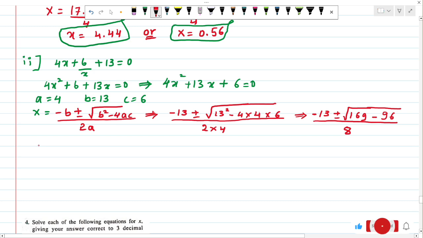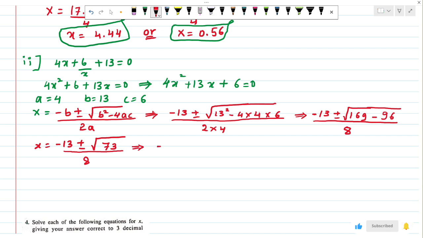So x is equals to minus 13 plus or minus root of 169 minus 96, which is nothing but 73, divided by 8. So this becomes minus 13 plus or minus root of 73, which is nothing but 8.54, divided by 8.